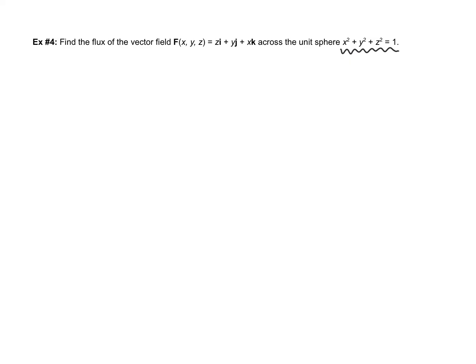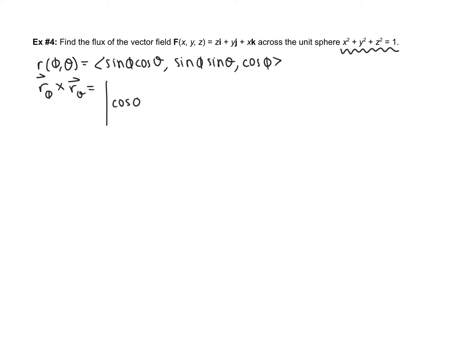Now, we already saw this previously in the video. We're going to write it in terms of phi and theta. So we get sine phi cosine theta, sine phi sine theta, cosine phi. From previously, we know that we need to take the partial with respect to phi, the partial with respect to theta, and cross.